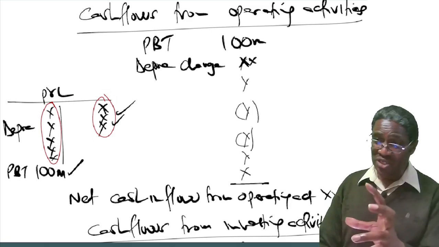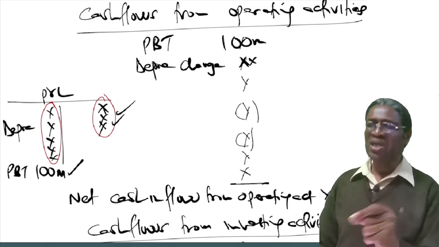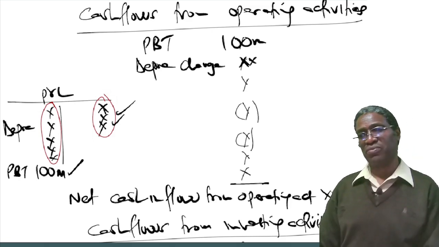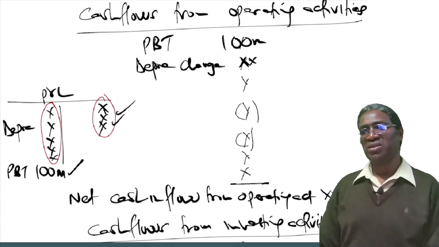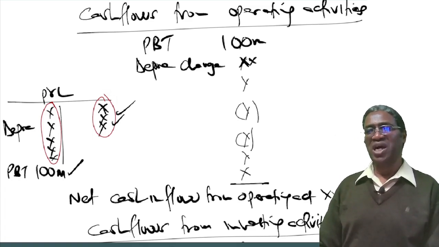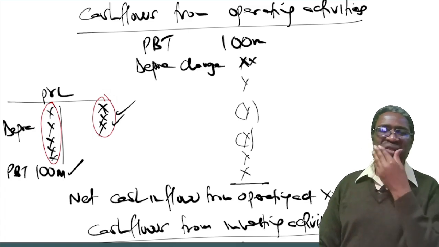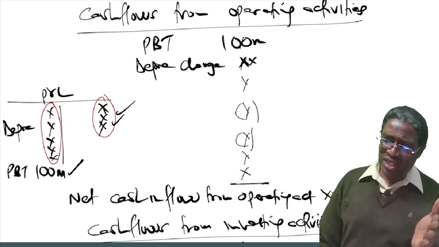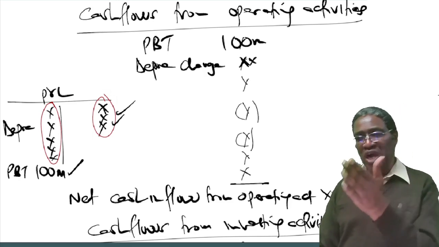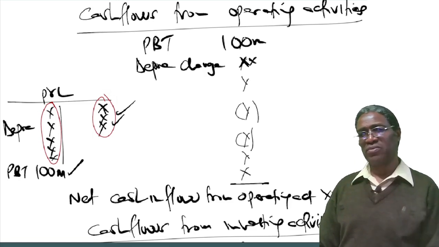An income statement: something that you could have charged in the income statement which you never paid cash for. Chat and give me an example of another non-cash item. Something you could have debited or credited in the P&L account, yet no cash was involved.